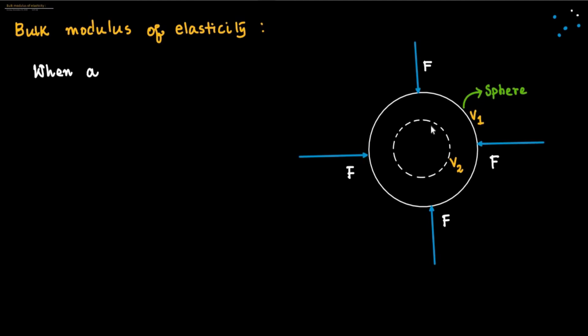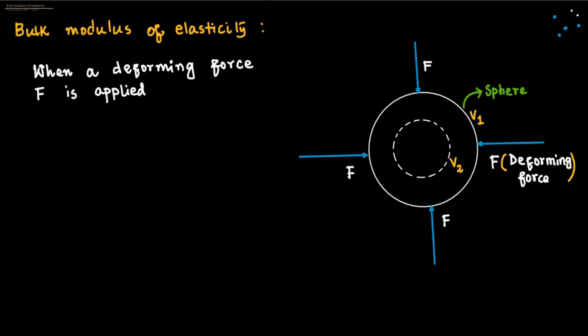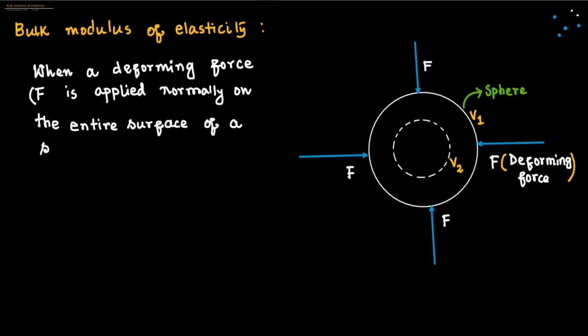In the diagram, F is the deforming force, and due to application of this force, the volume of the sphere decreases.